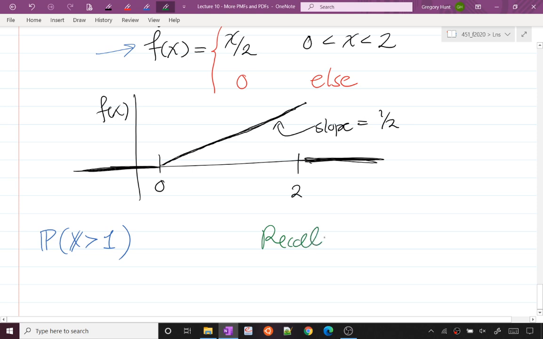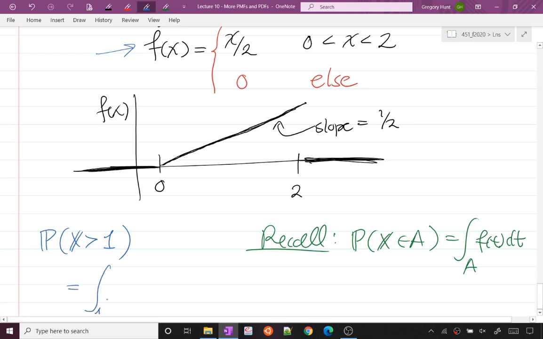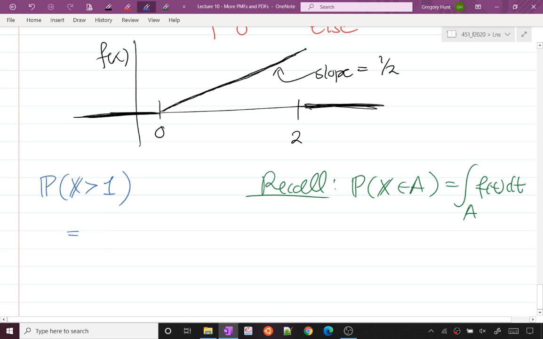Recall, our rule is that if I want the probability that x is in some set A, I integrate my PDF over that set A. So in this case, the set is 1 to infinity, f of t dt.